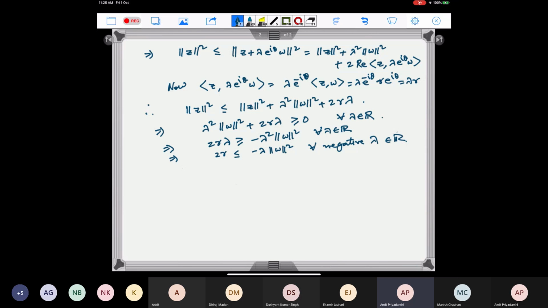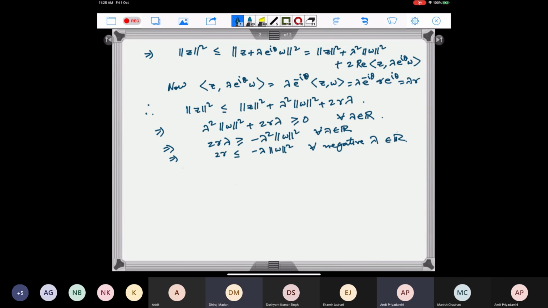Actually, if you take a lambda close to 0 but negative, then this will fail. So it was not correct to say that for large negative lambda. If I take lambda to be negative but very close to 0, then that will say that r is less than or equal to this very small negative number.